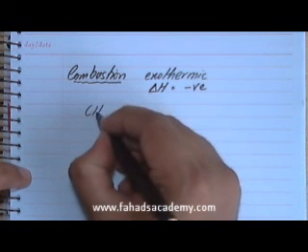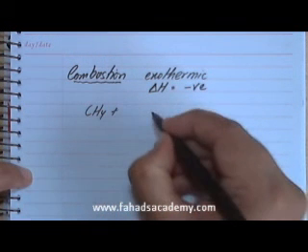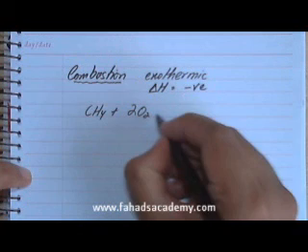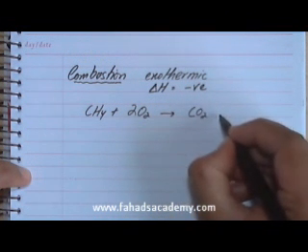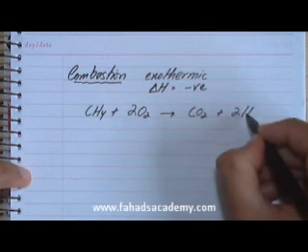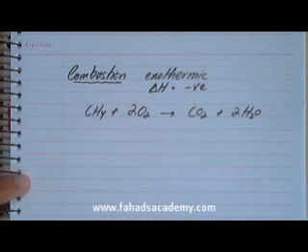Let's say we have CH4 reacting with two oxygen molecules, producing CO2, carbon dioxide, and two water molecules. This is a simple reaction where your natural gas, the cooking gas, is burnt with oxygen and it produces carbon dioxide and water. We'll try and figure out how many bonds are broken first.